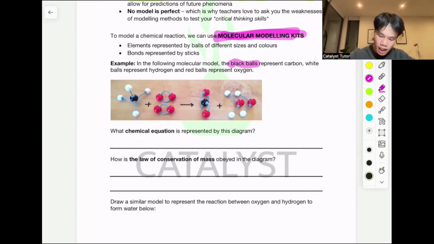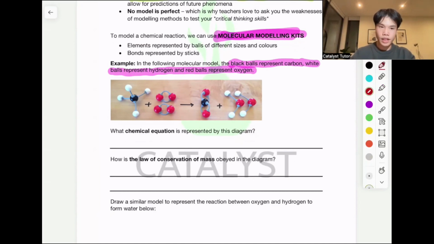The black balls are carbon, the white balls are hydrogen, and the red ones are oxygen. Either write on paper or in the chat, I don't really mind. It's a bit longer, so maybe just write on paper. And no need for states for the time being.